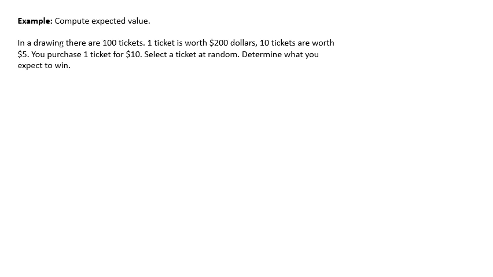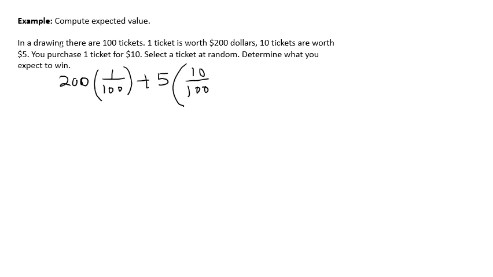So the first thing I know is that I can win $200. So that's an outcome. The probability of winning $200 is 1 out of 100. I could win $5. The probability of winning $5 is 10 out of 100.